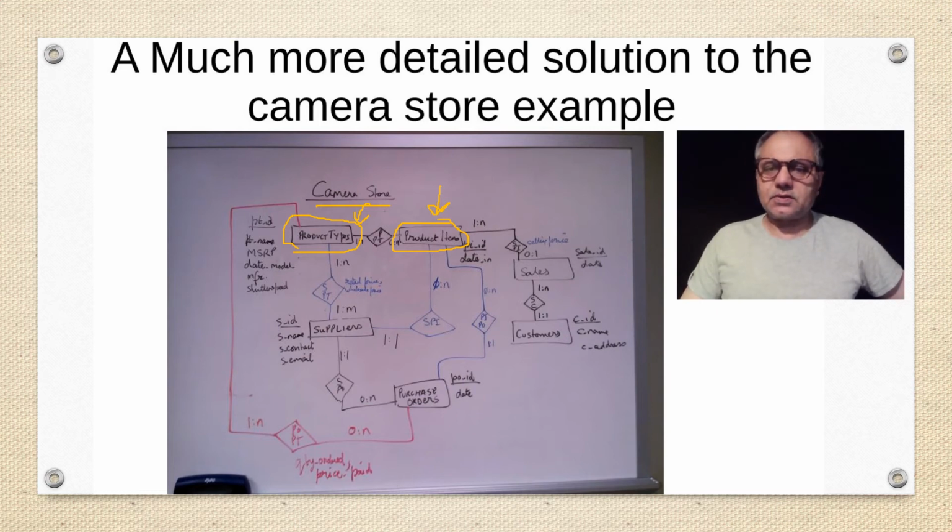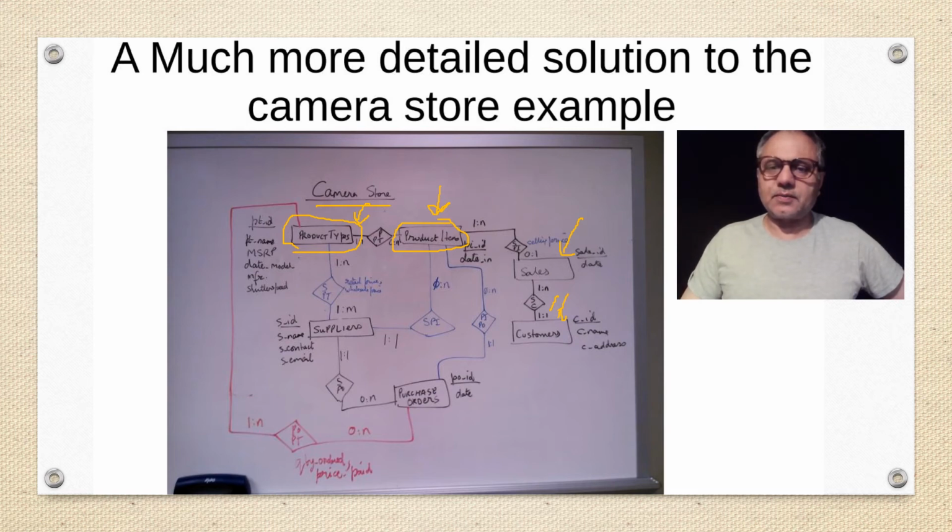So in the sales side, you can see there's a box called sales which stores all the sales events in the box. So each sale event is a sale transaction basically, and it's linked to a customer, as you can see here. Make sure you can see the cardinalities. So this one here, for example, would be for each sale one customer. And then the sale is also linked to the product items that are on the sale.